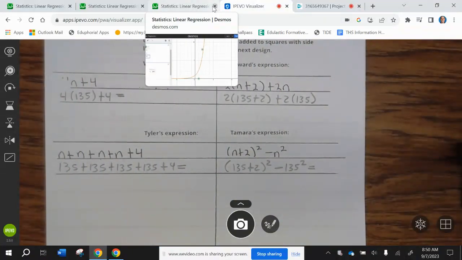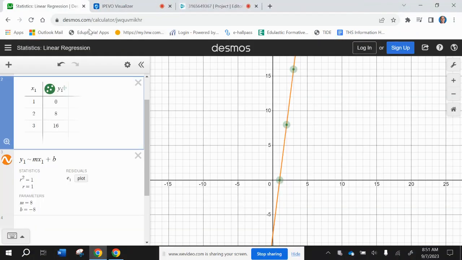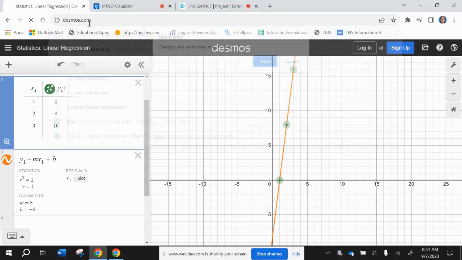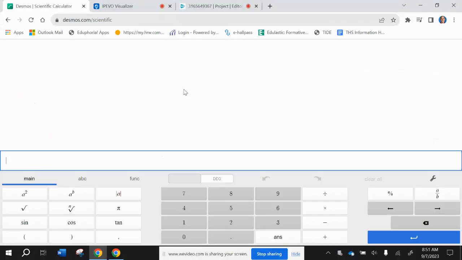Now, we don't need the regression Desmos anymore, so let's get rid of those. And then let's come here. Let's go to Desmos. And then we're going to go to Scientific Calculator, and let's plug each of these in.